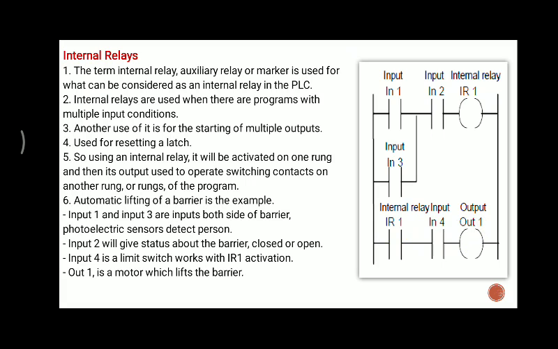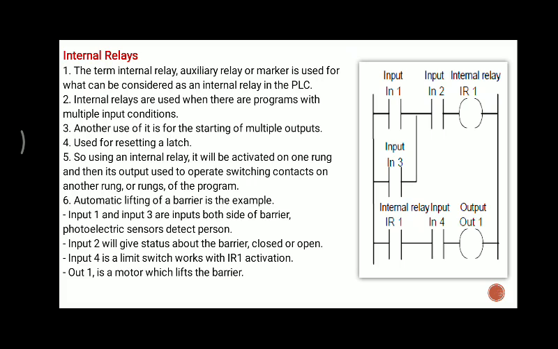An example of this internal relay is the automatic lifting of a barrier. So just try to understand this diagram as an automatic lifting barrier. Input 1 and input 3 indicate that there is a person around the barrier and he wants to cross that barrier.